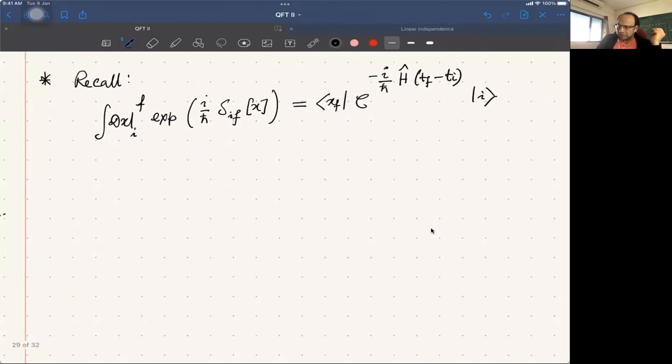Now this calculation is sensitive to the definition of the path integral measure.